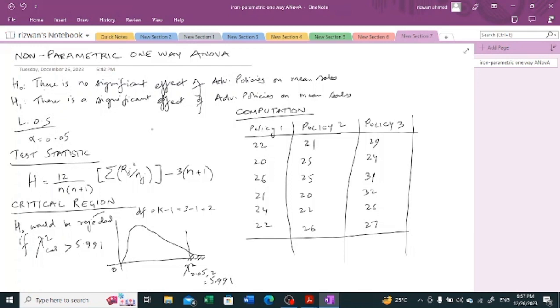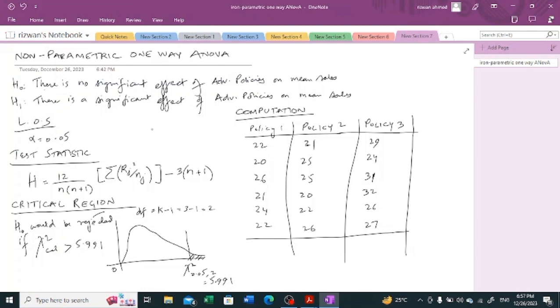That is why the formula is H equals 12 divided by n times n plus 1, times the summation of Rj squared over Nj, minus 3 times n plus 1. N here represents the number of observations included in the data, that's 18. Now we define the critical region.